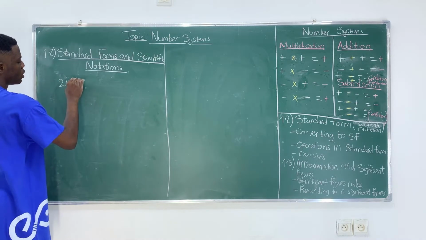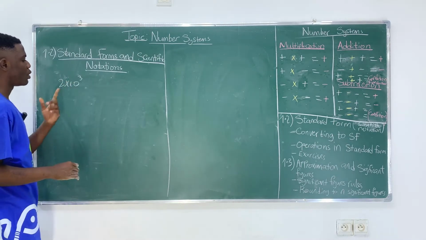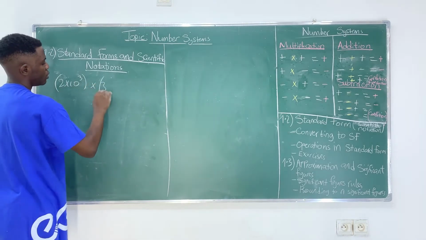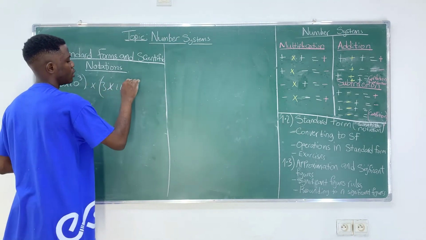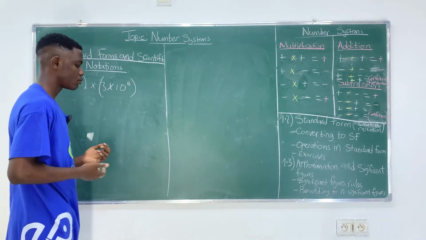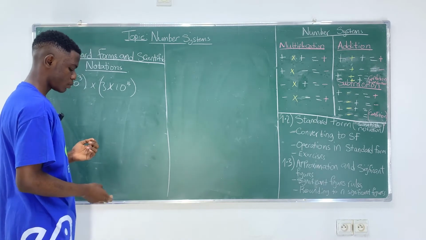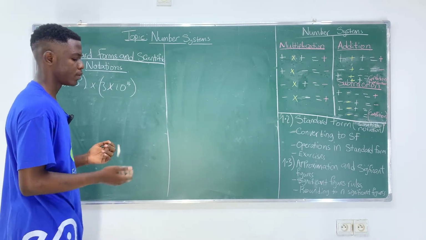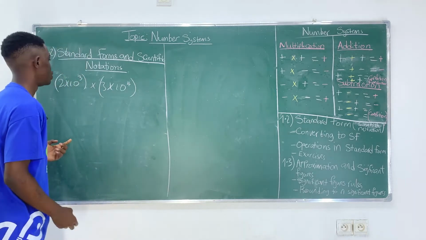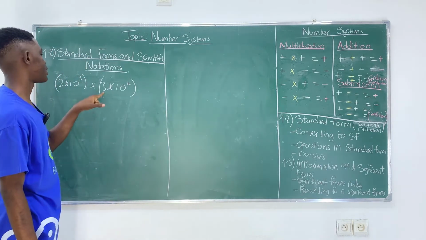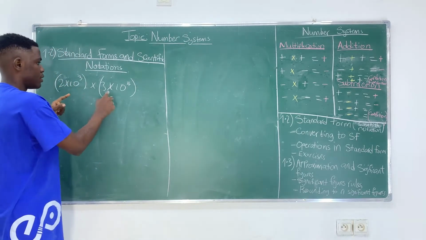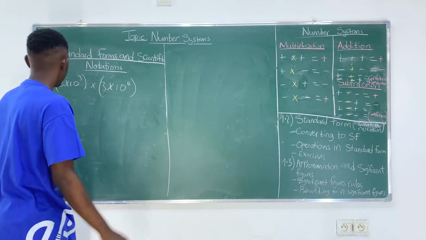2 times 10 to the power 3, all of this times 3 times 10 to the power 4. So how do we do this? We just multiply the numbers that we have, without these tens first.